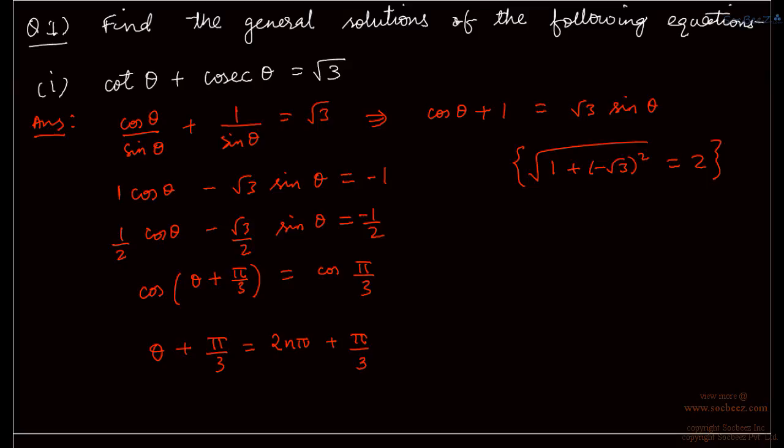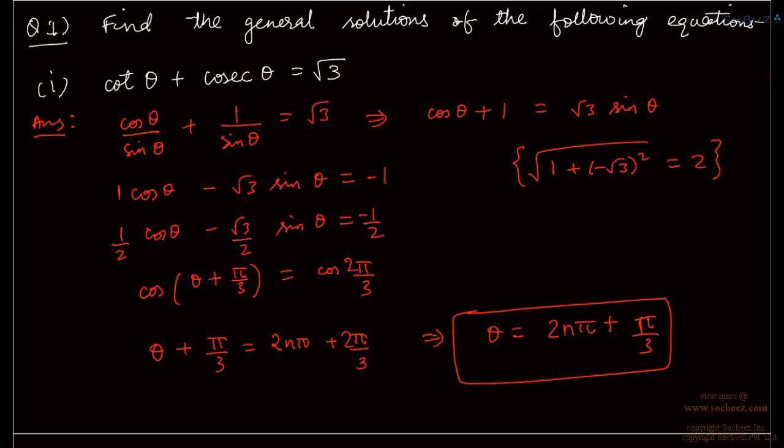When you take it to the other side, it becomes minus 1, minus 1 minus half, and this is 2 pi by 3, right? So subtracting here, we get theta is equal to 2 n pi minus 2 pi by 3. This is a general equation. I'm pretty sure you all remember general equation is the one where we write in terms of all general angles possible, right? This is where n obviously is an integer.